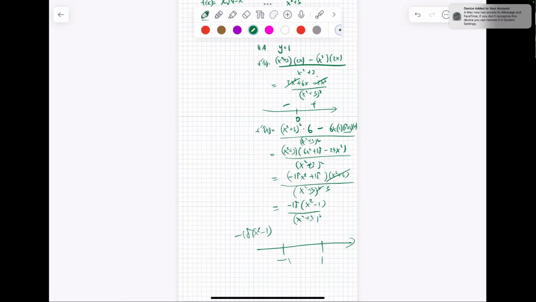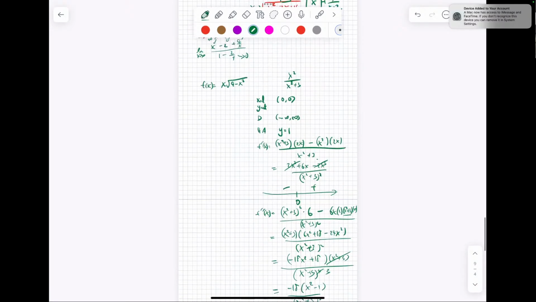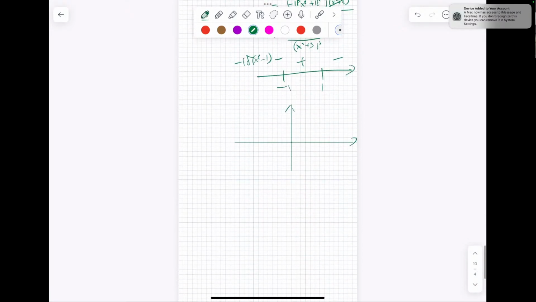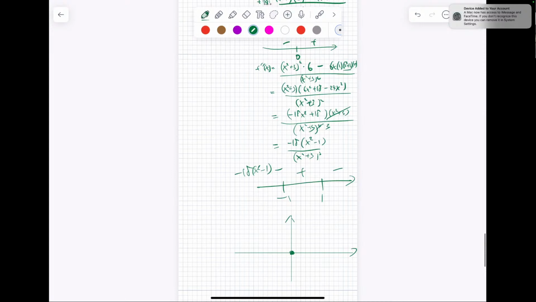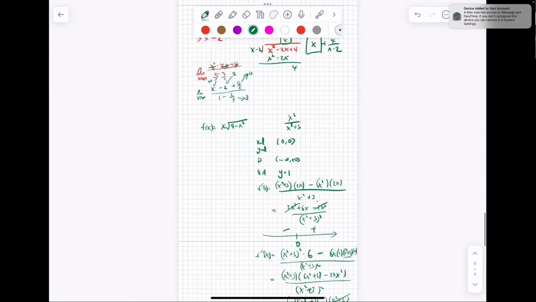If I plug in -2, that's going to give you negative, positive, negative.